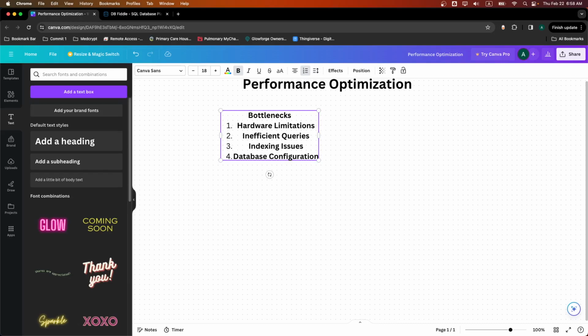Okay, now how would you identify these culprits? We also want to talk about identifying the bottlenecks. So just remember that we have some performance monitoring tools.